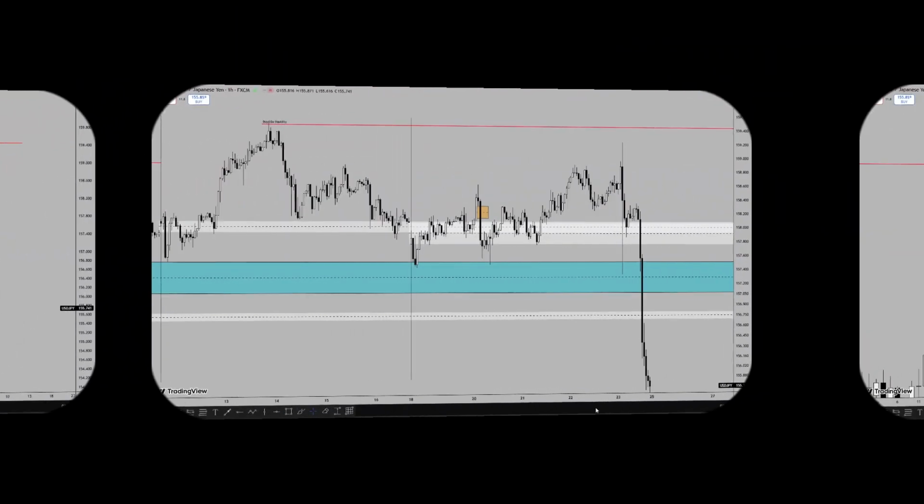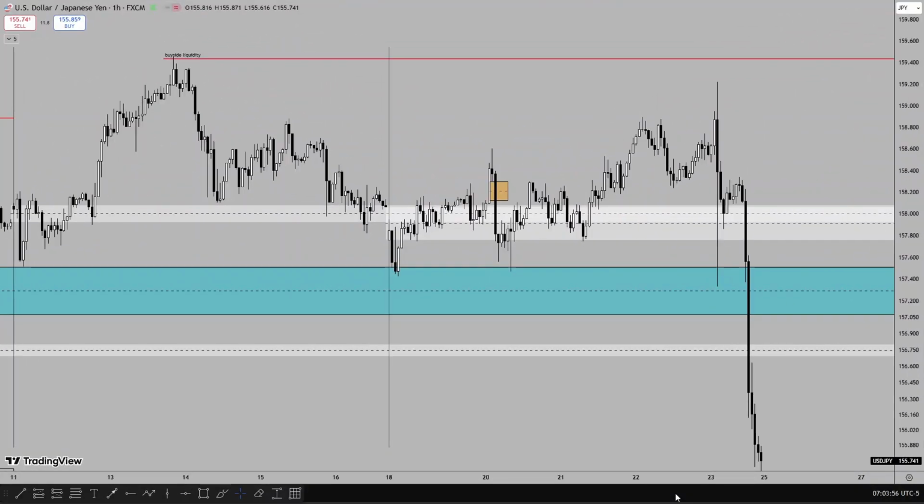On the 1 hour time frame on USD JPY, looking at this price action, anytime you see an impulsive move trading lower, going against the buyers, taking out stops, those were the times when the dollar index was trading lower impulsively. If you look back at what price did on Tuesday on the dollar index, price traded lower.